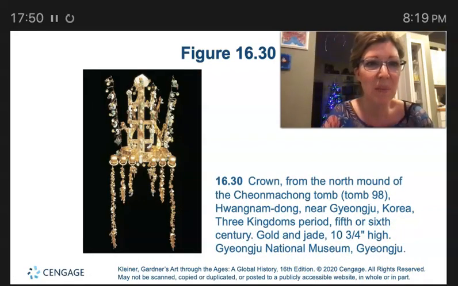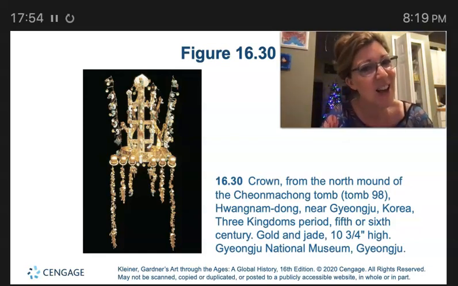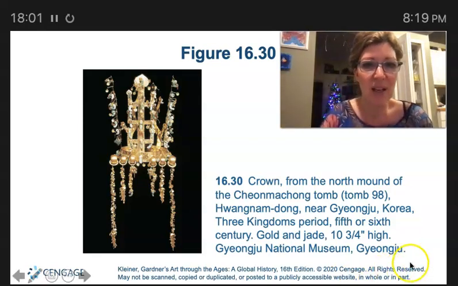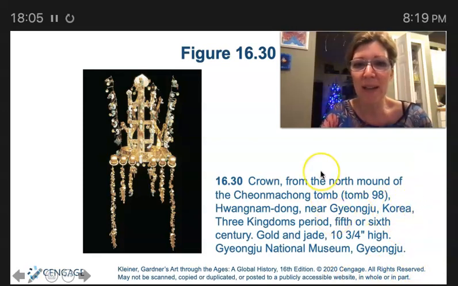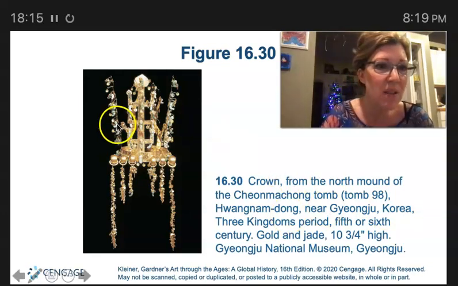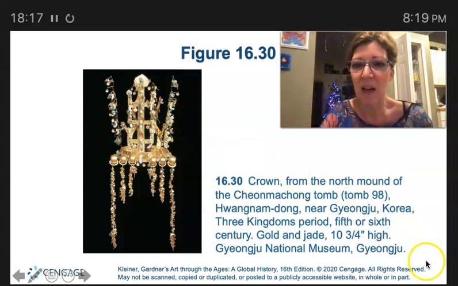And this is just amazing to me. So this is a crown. Dude, wow, gold and jade. So, and this is Korean. Notable. The Korean Hwangnam-dong crown with its gold band and uprights and jade, comma-shaped, see the little commas?